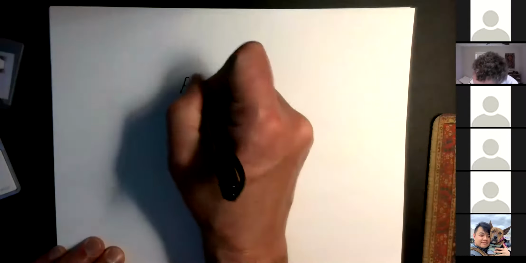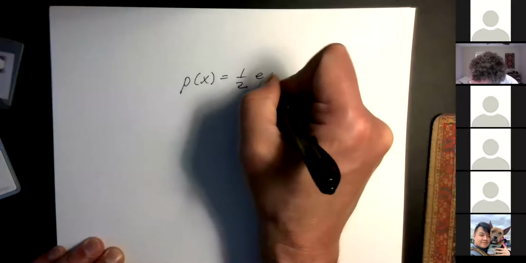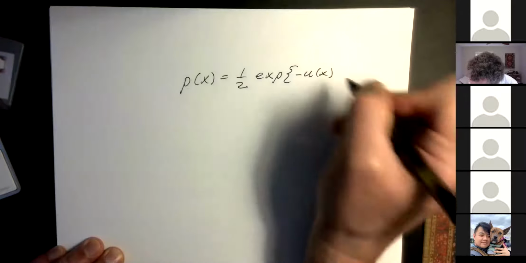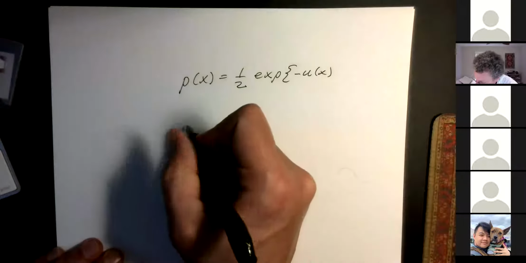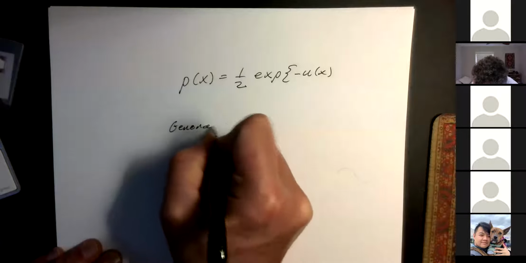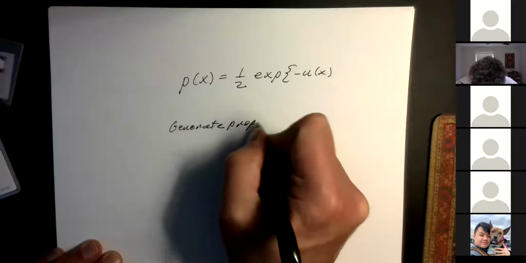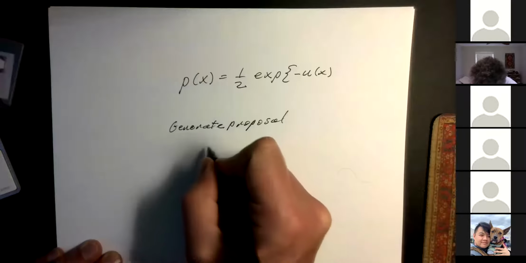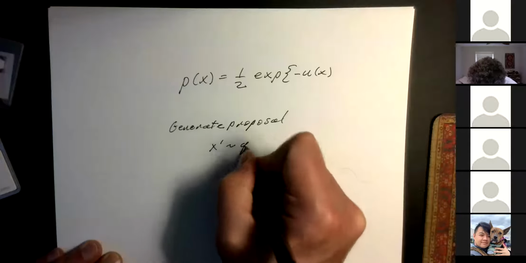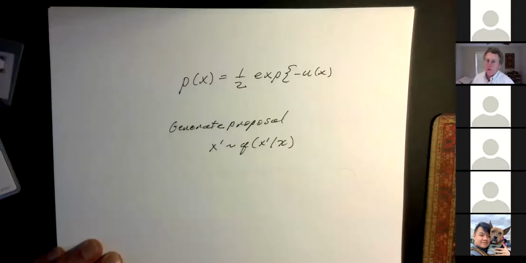The probability of X is 1 over Z times exponential of minus U. So the first thing you do is you generate a proposal, and the proposal x prime is drawn from q of x prime given x, according to some distribution.